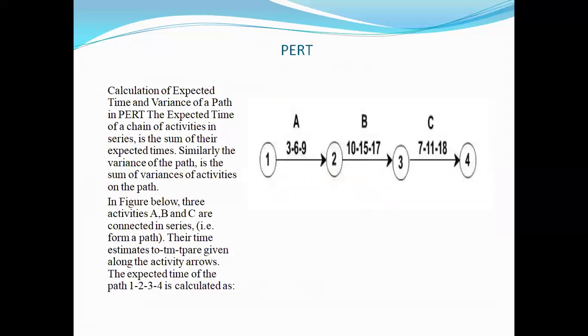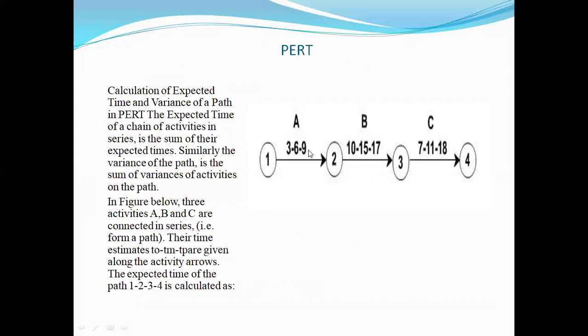Now, what do we have to do for the PERT calculation? We understand PERT with the help of an example. If you see this, the events occurring from first to fourth have certain activities defined on the arrows. Activity A is represented by the times 3, 6 and 9.